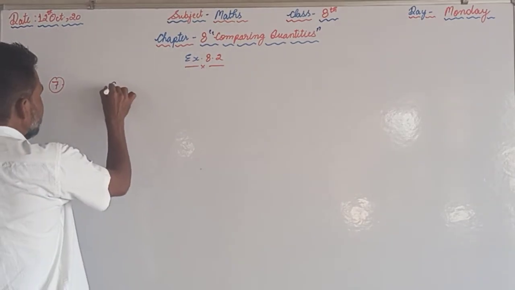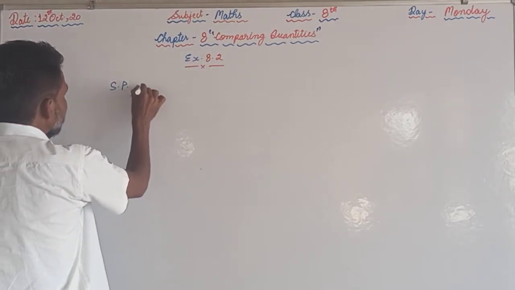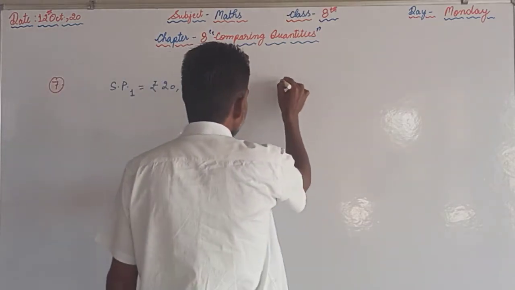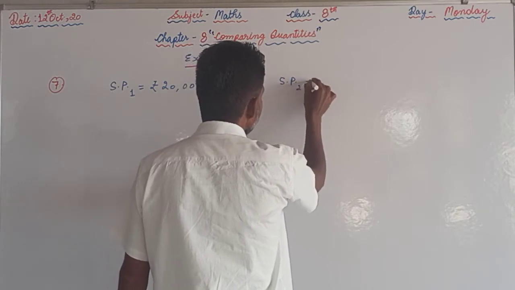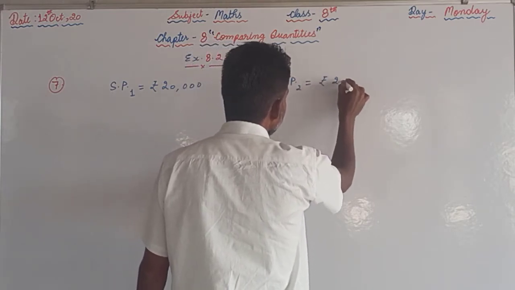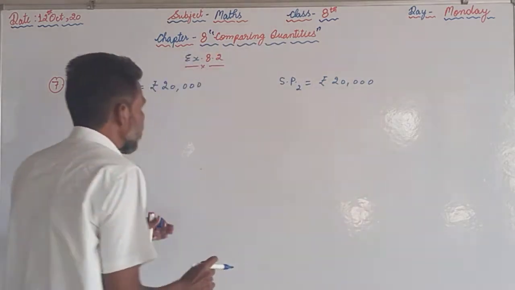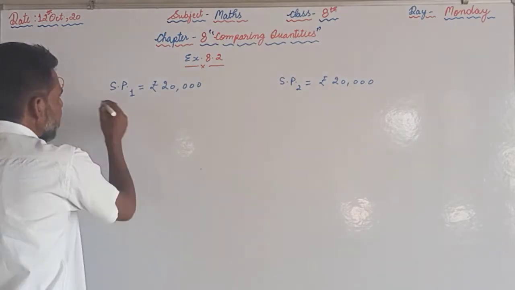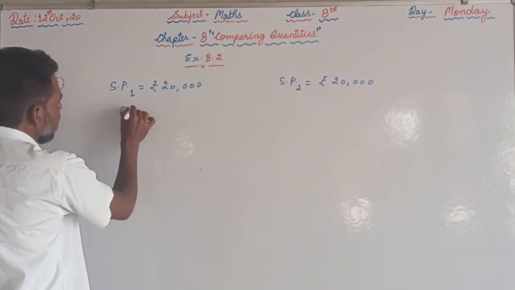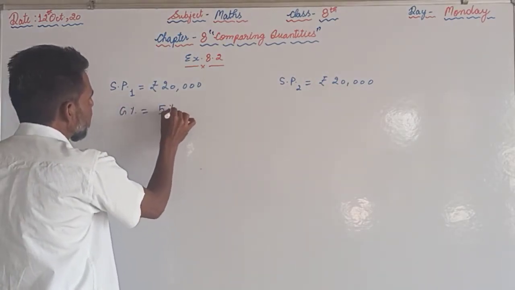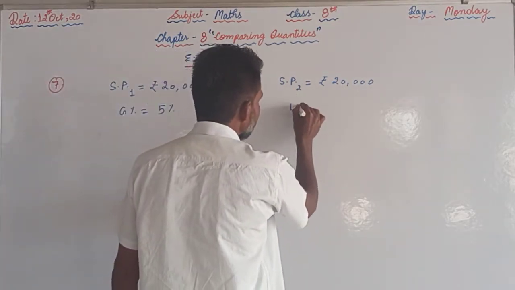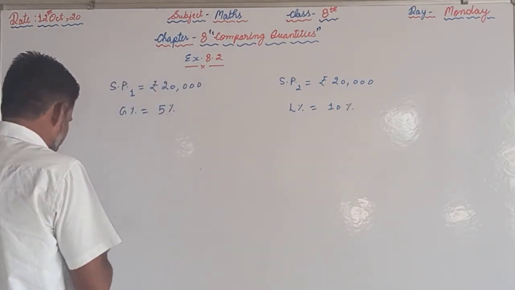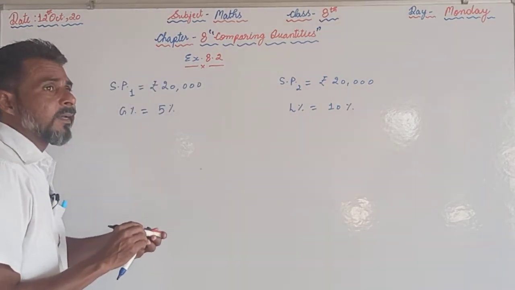SP1 for the first buffalo is rupees 20,000, and SP2 is the same because he sold both the buffaloes at 20,000 each. On the first one he got a gain of 5%, and on the second one he got a loss of 10%. So we have to find the overall gain or loss.